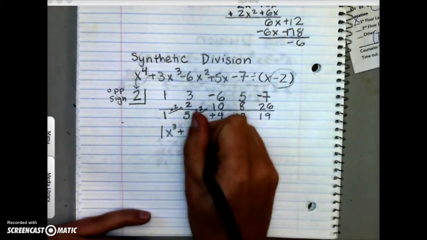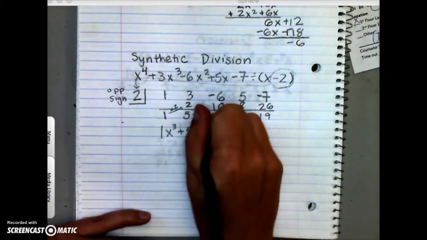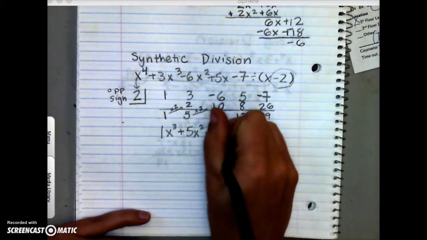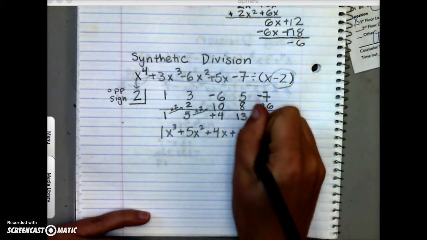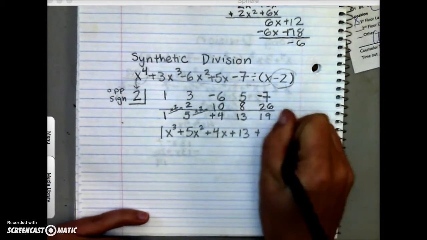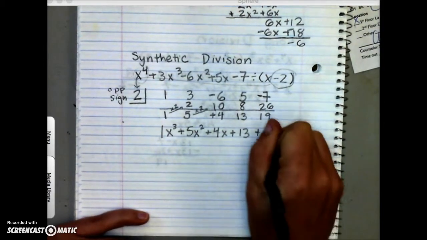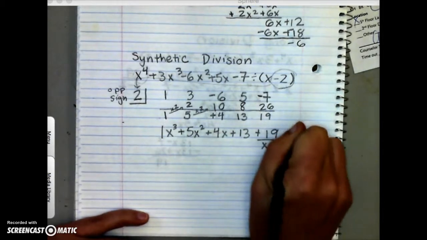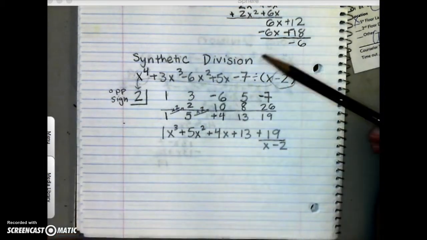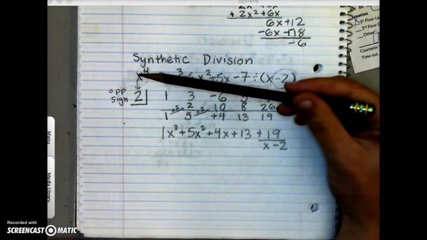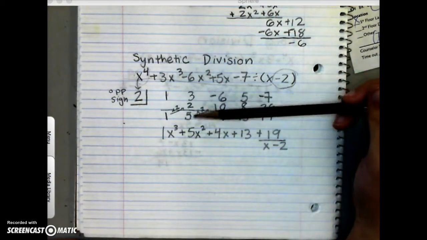Plus 5x squared plus 4x plus 13, and then our remainder is 19. So this one is synthetic division. And again, the only thing we're doing is we're just focusing on the constants and the coefficients.